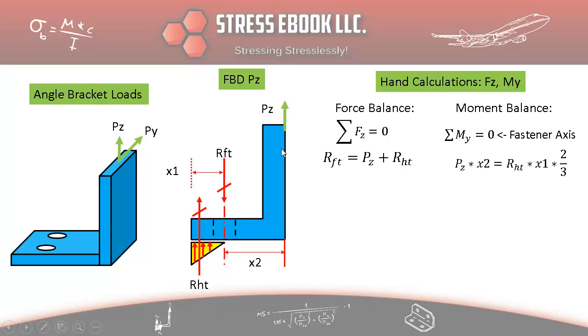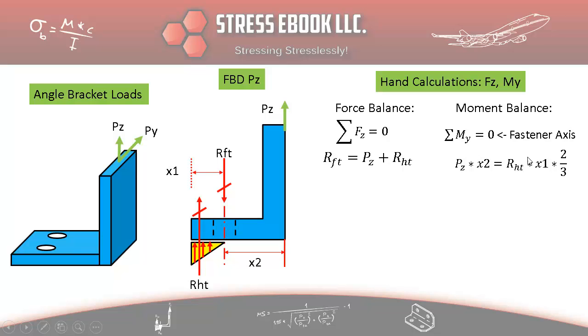What we get is the PZ times the moment arm x2 about this fastener axis would have to equal the reaction due to the heel toe effect underneath the bracket over here times the 2/3 the distance of this edge of this bracket to the fastener axis.